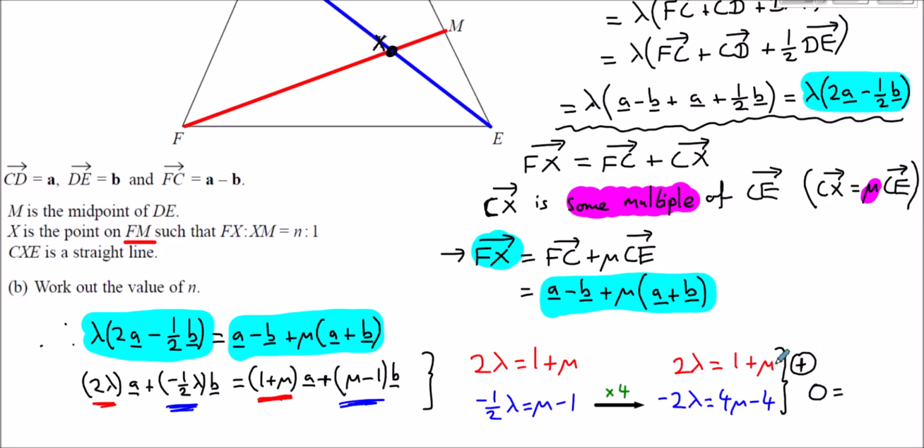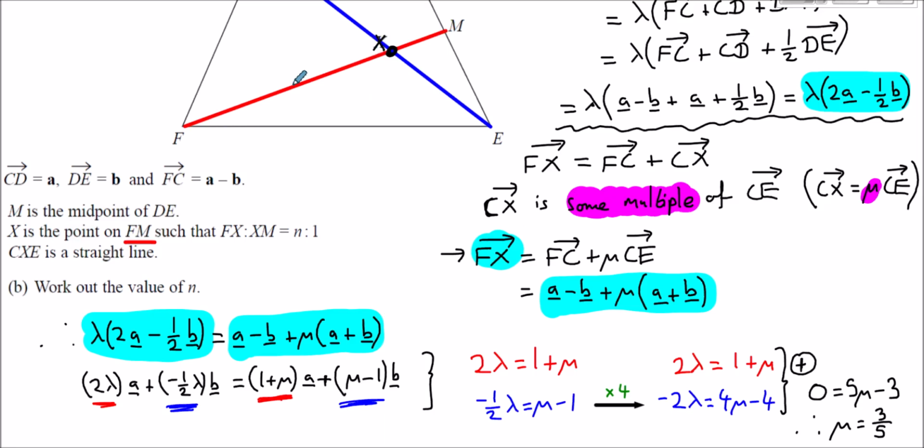4 mu plus an extra mu is 5 mu. 1 plus minus 4 is minus 3. I can then rearrange this by adding 3 to both sides and dividing by 5. So therefore mu equals 3/5. However, I'm interested here in what multiple of fm is, what multiple of fx is, I mean.